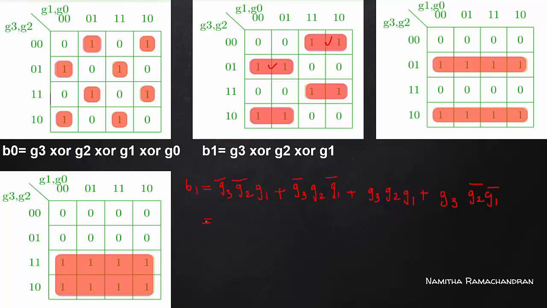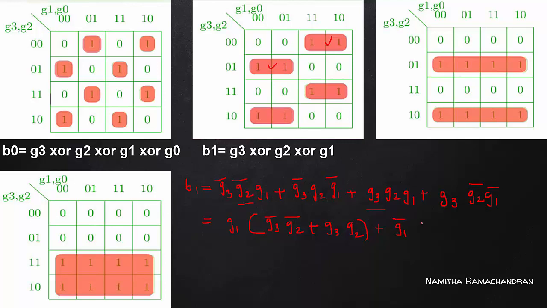Then try to simplify this using Boolean laws. Take this term and this term, consider these two together, then G1 is common, so take G1 outside. G3 complement, G2 complement, or G3, G2. And consider the remaining two terms together.